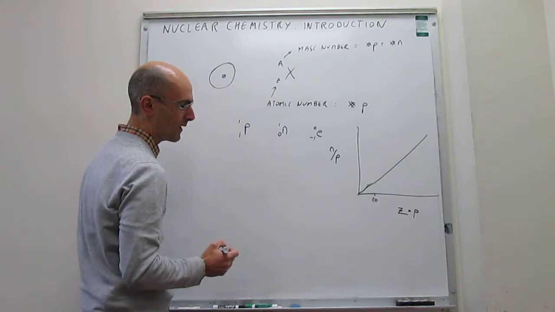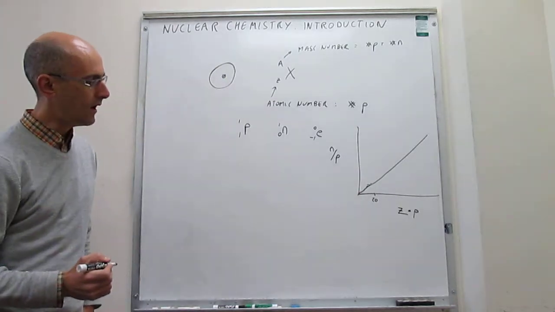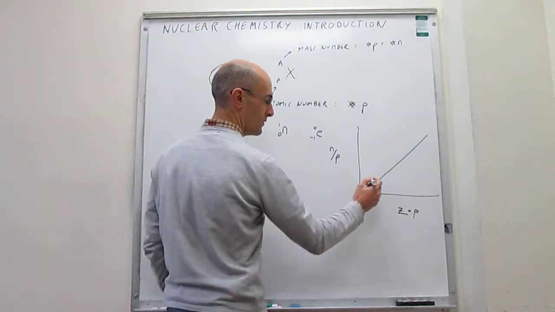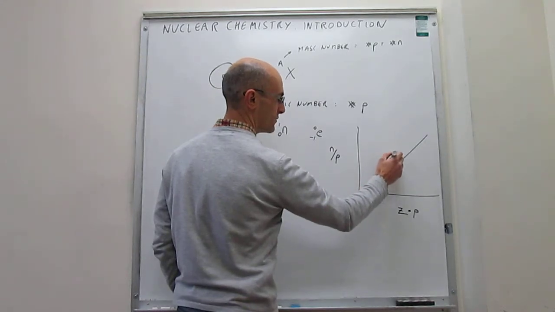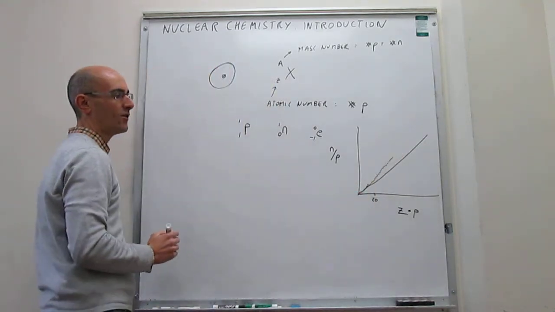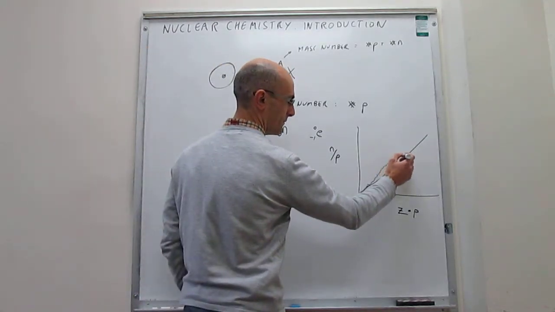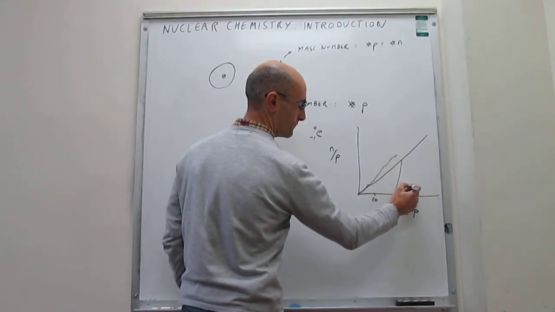However, once you go through nuclei that have a number of protons over 20 or so, the stable nuclei tend to have ratios of neutrons to protons a little bit larger than 1. All this dies off at about 84, which is right here.